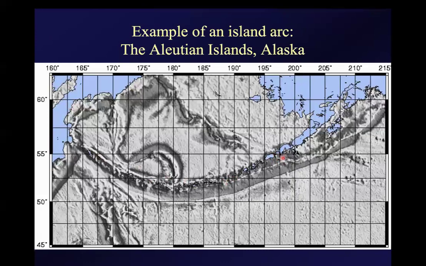Continuing on, part of the Aleutian chain is stuck to the Alaskan mainland. This is, I think, the Katmai Peninsula right there. So sometimes the islands may be incorporated into a part of a continent, as has happened here.